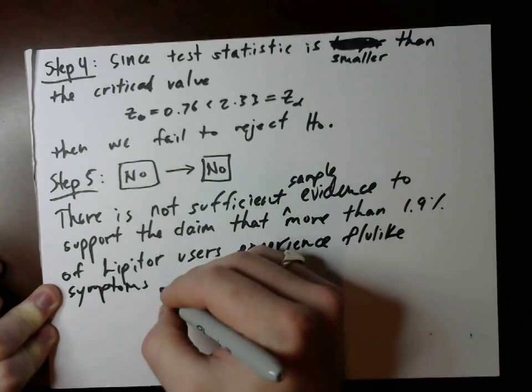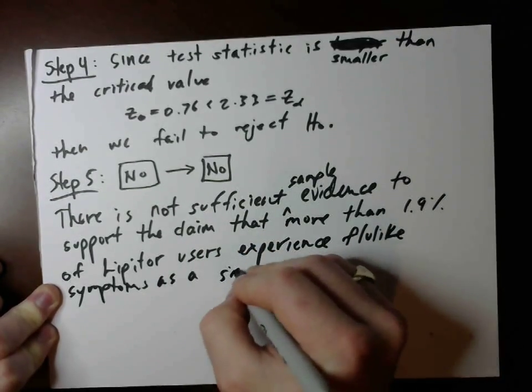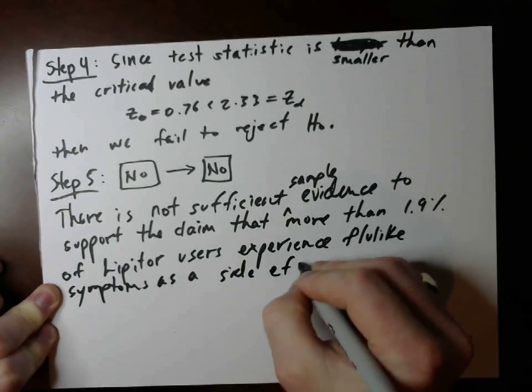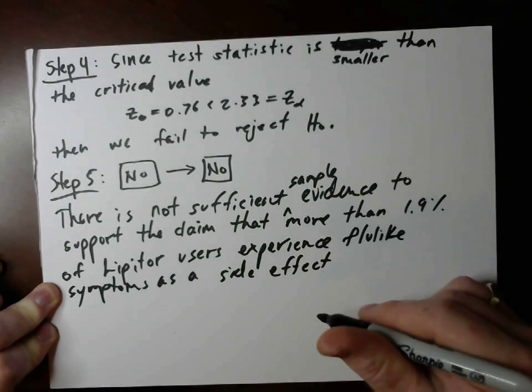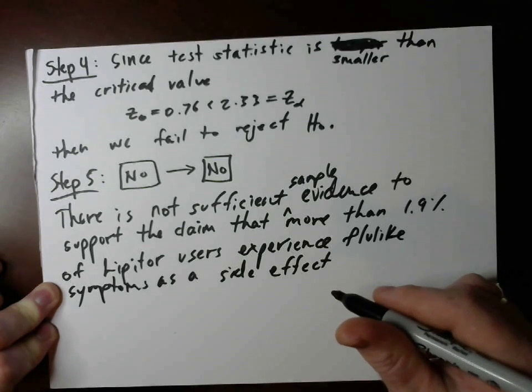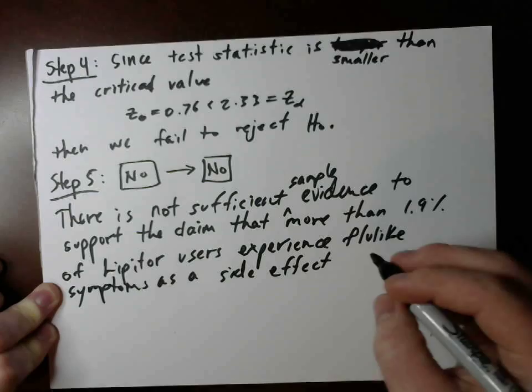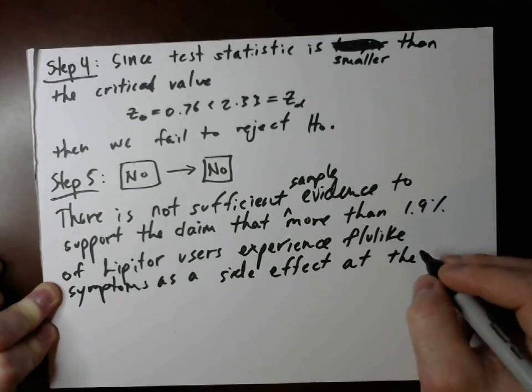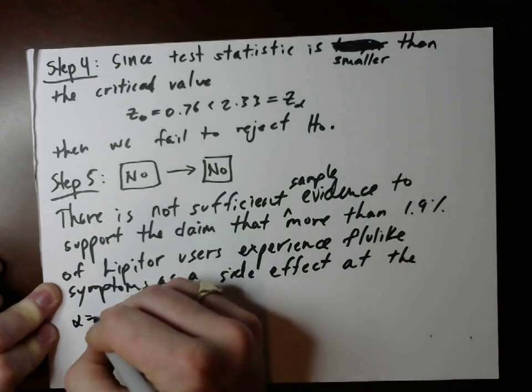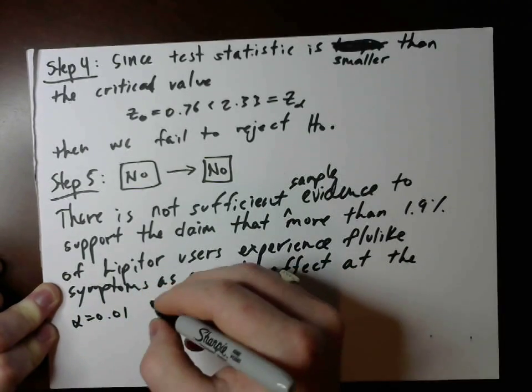And this is kind of up to you, but I really like to mention at what level of significance, to explain how picky we were: alpha equals 0.01 level of significance.